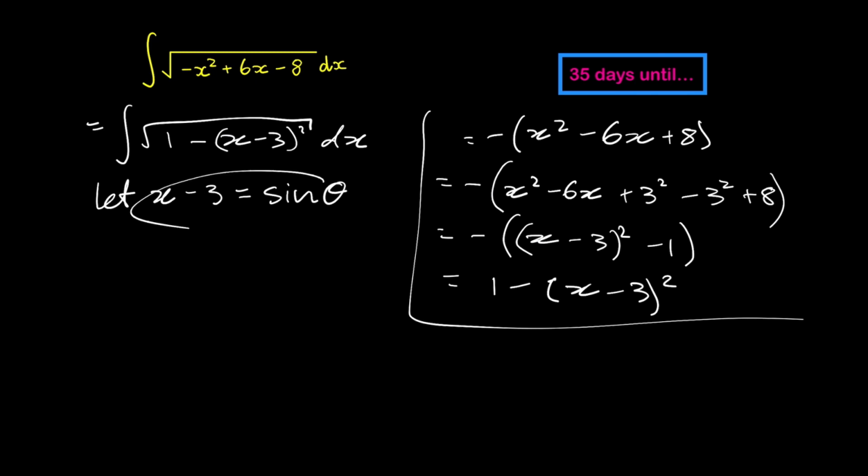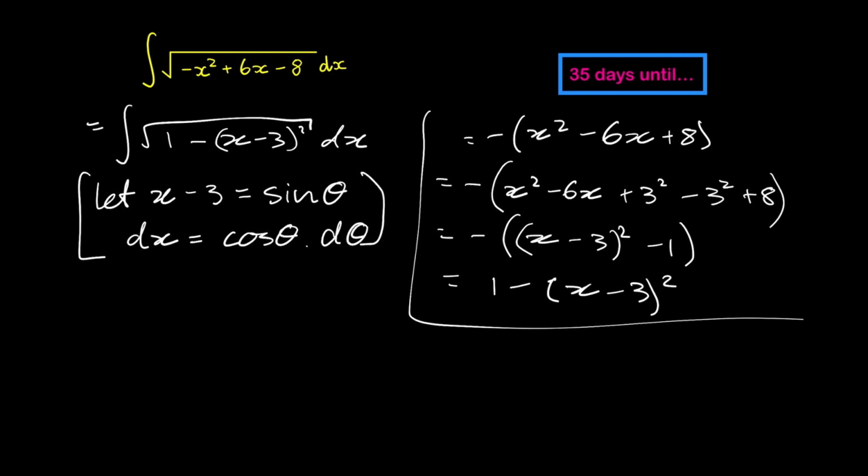So deriving this expression of x in terms of theta, we get the derivative of x is equal to, now the derivative of negative 3 in terms of theta is just 0. The derivative of sine of theta in terms of theta is cosine of theta. Okay, so now substituting these into our integral, we get the integral of the square root of 1 minus sine squared of theta, because for x minus 3 I'm substituting in sine of theta, and then for dx I'm substituting in cosine of theta d theta.